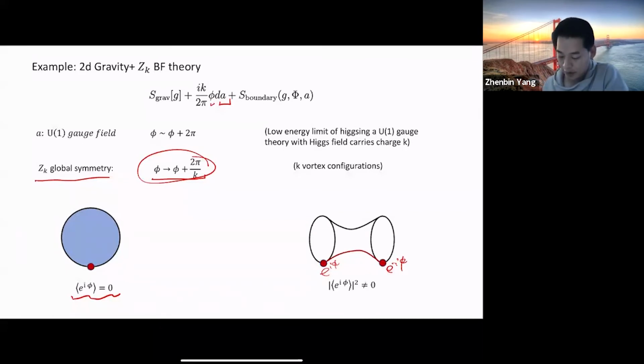This is suppressed by e^{-S}, an e^{-S} suppression due to the structure of the wormhole. So that's an explicit example of how this works in other models.